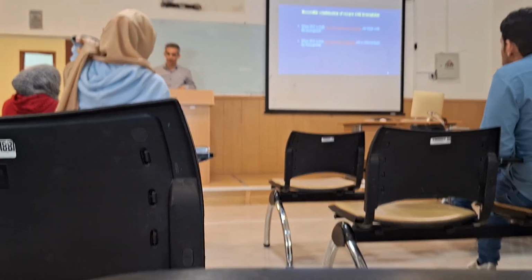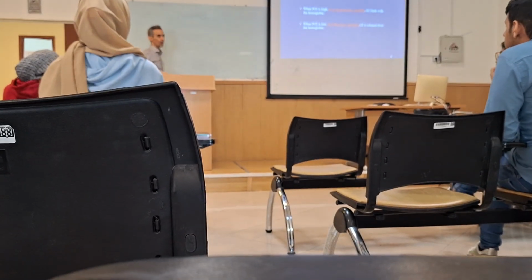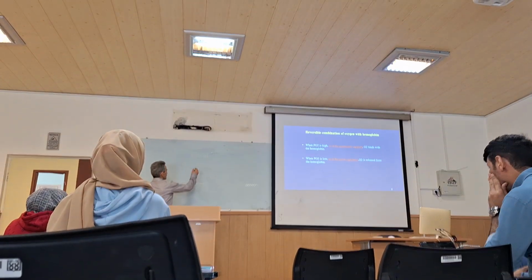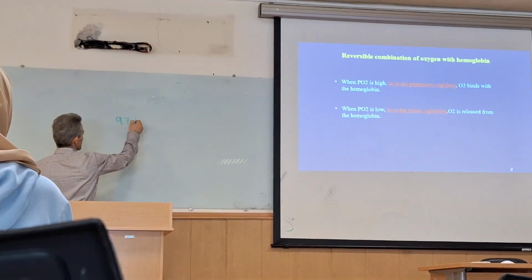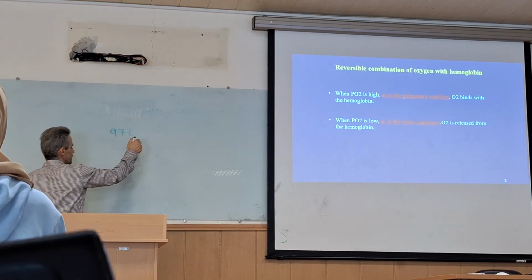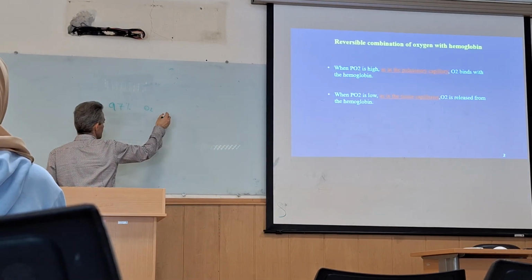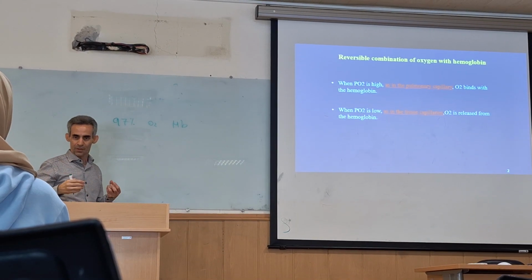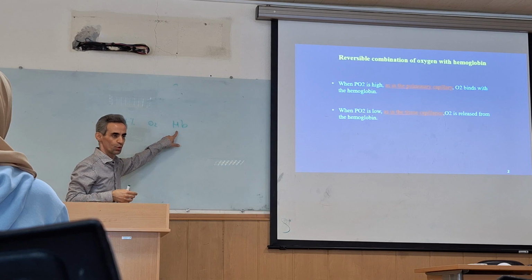Two mechanisms for oxygen transport in blood. 97% of the oxygen is transported by binding with a specific polypeptide by the name hemoglobin.